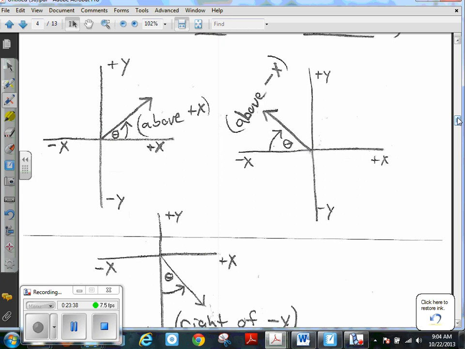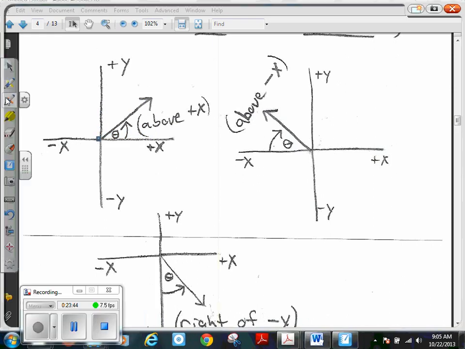Okay, so here's my vector right here. Notice I put the tail at the origin of a grid, and if I'm labeling this theta, then you can see that it's above what we call positive x. Does that make sense? Now, if you want to, you could label 360 degrees as well.